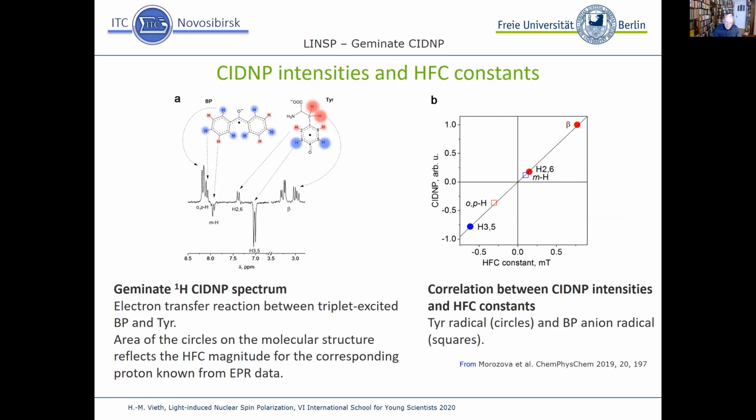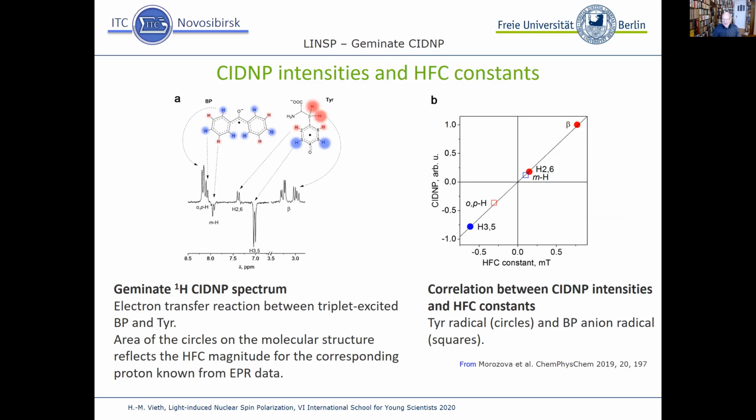So if you have more than one nuclear spin involved, you can analyze, and from the size of your CIDMP effect, you can measure directly the size of your hyperfine coupling between electron spins and nuclear spins.